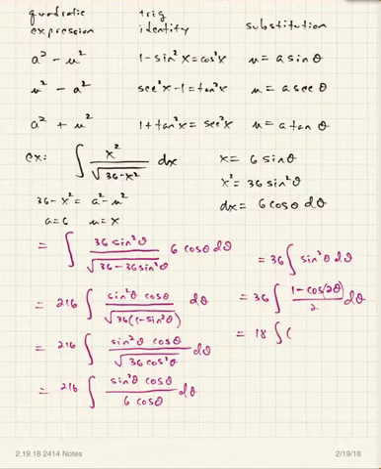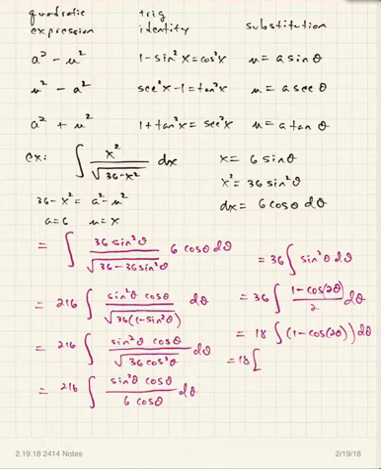And then we're just down to this integral, 1 minus cosine of 2 theta d theta. So that's not too bad. We have 18 times the antiderivative for 1 d theta. Be careful, that's just theta. And then for cosine of 2 theta, you'll end up with a 1/2 as a factor, and then this will be sine of 2 theta. And then plus a constant.